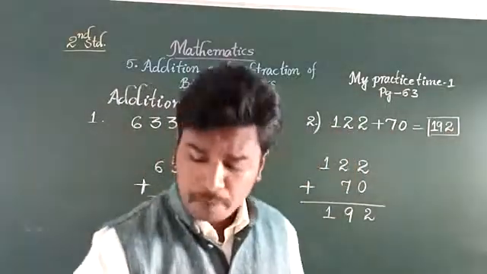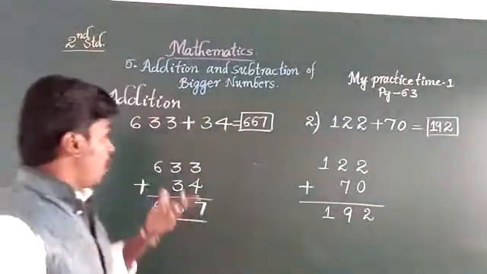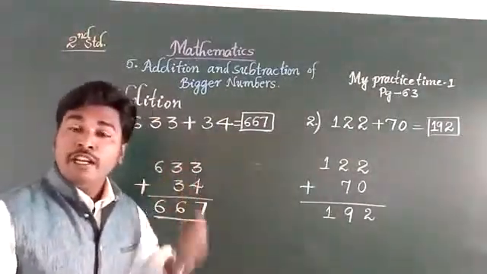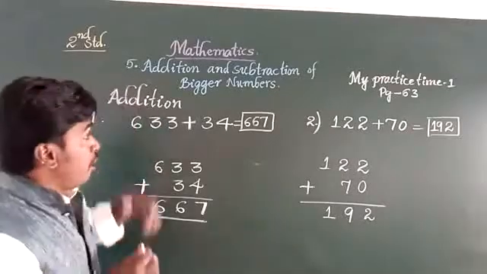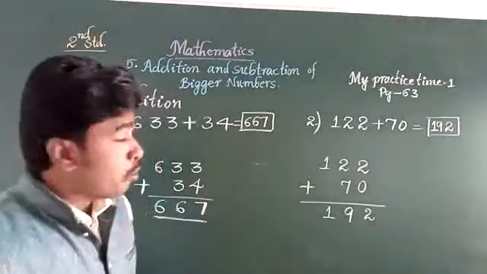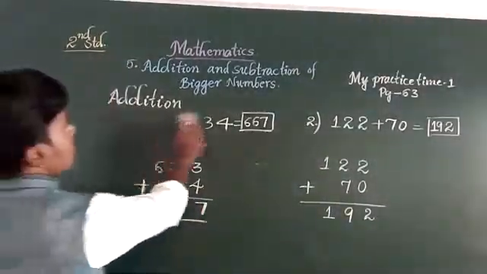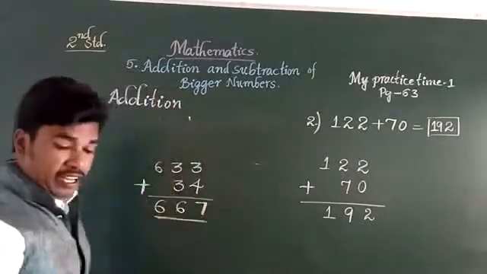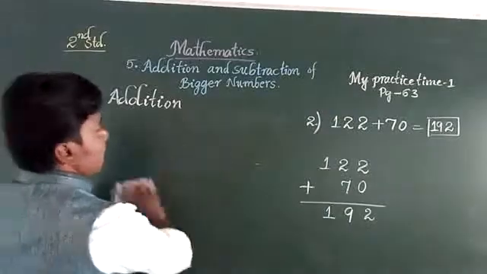Here these problems do not have any regrouping. We have not given any carry to the next place. So these are the addition problems without regrouping. Okay. Now I am going to take a few more problems which contain regrouping.